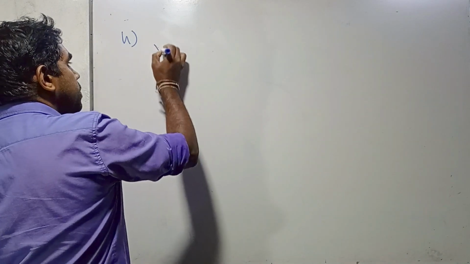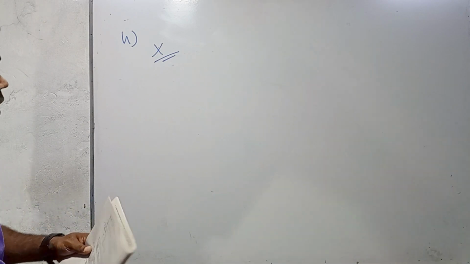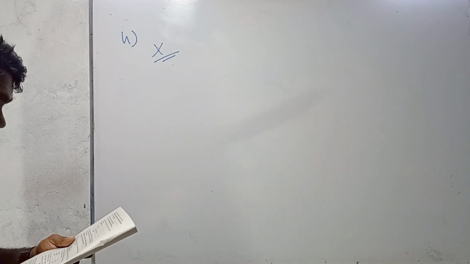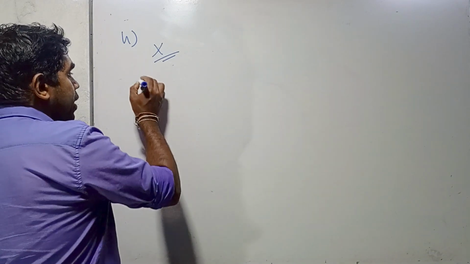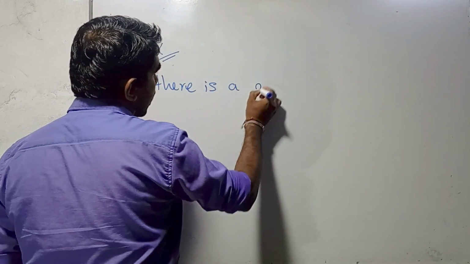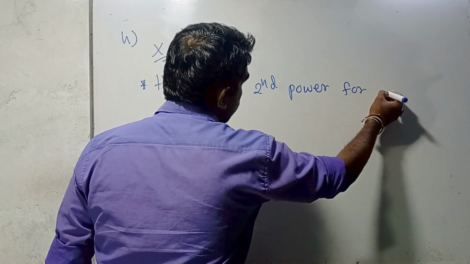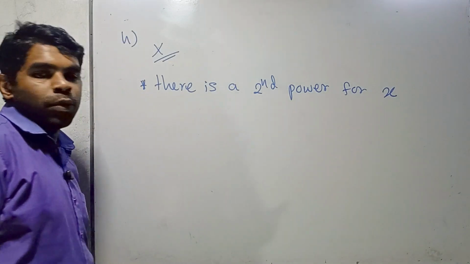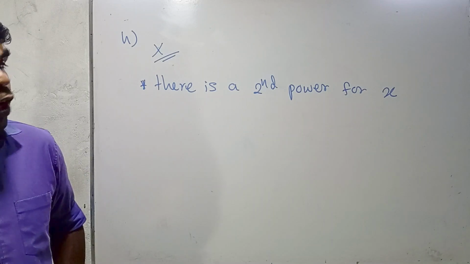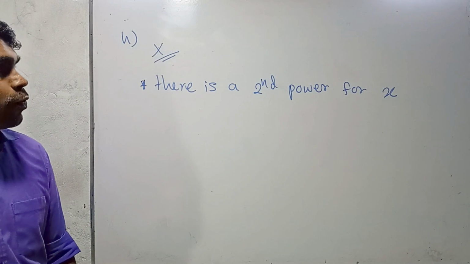Then we can say that measurement x should be highly accurate. We have to measure x with high accuracy. Then we can write the reason: there is a second power for x. Therefore, when calculating, the effect of the error of x is greater than the effect of the error of h.